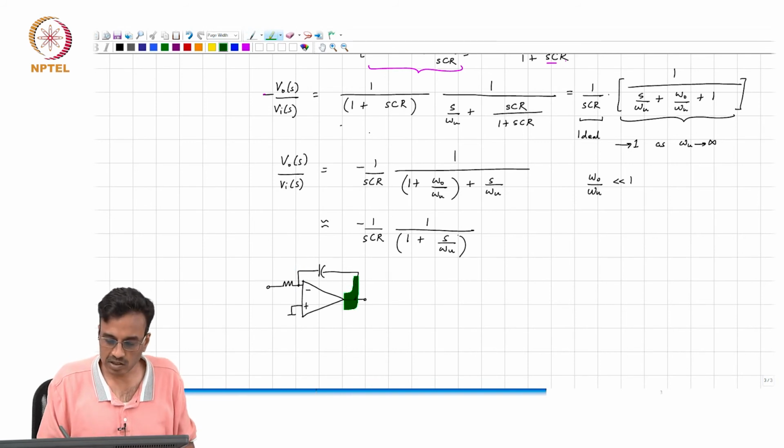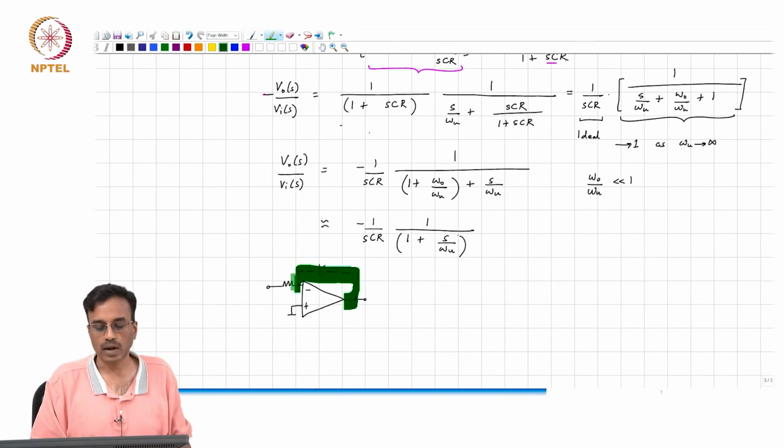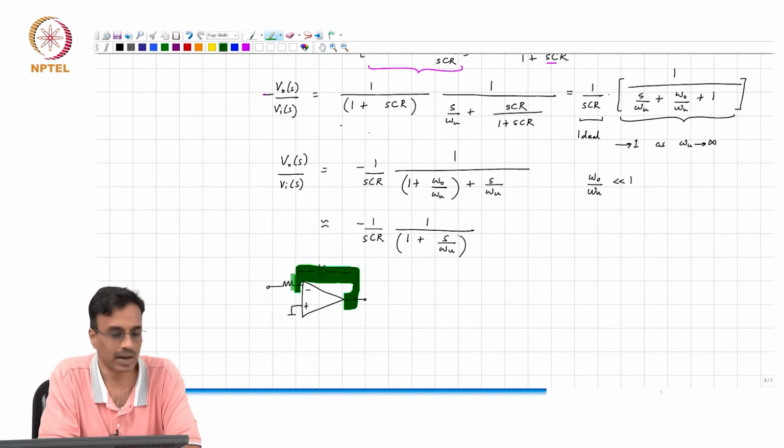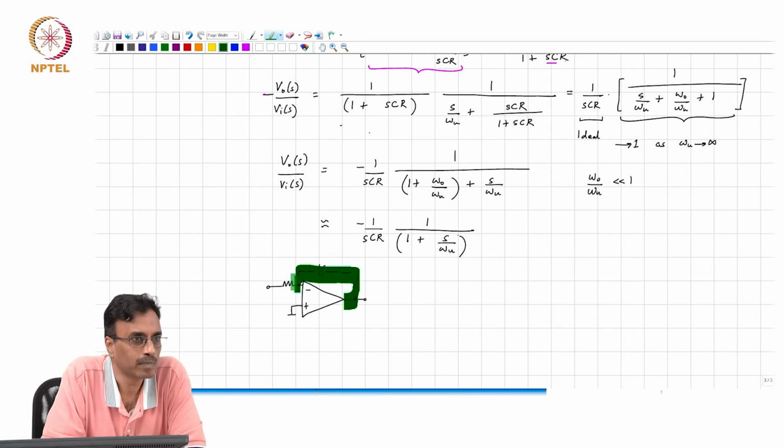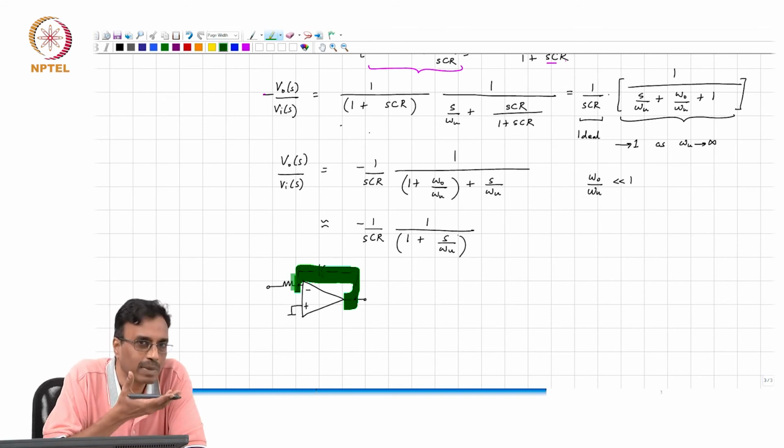The capacitor is a short circuit, right? So, what comment can we make about the loop gain around the op amp? The capacitor is a short circuit, what happens? What comment can we make about the feedback factor?